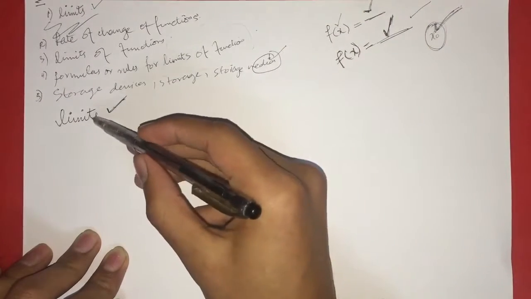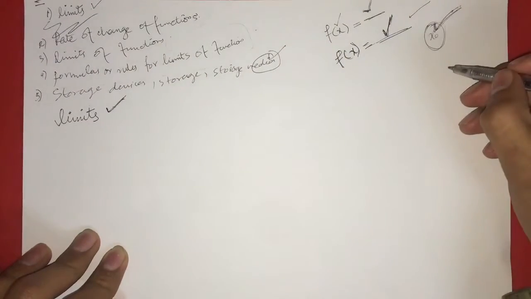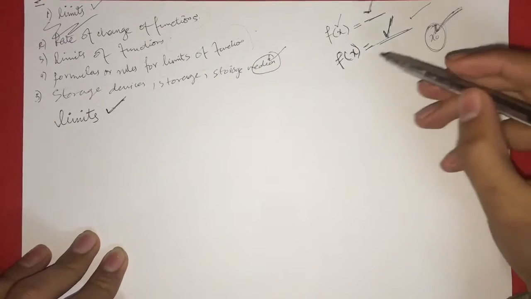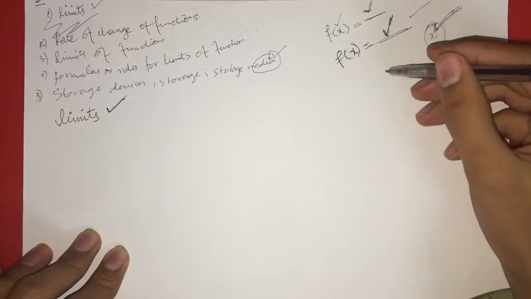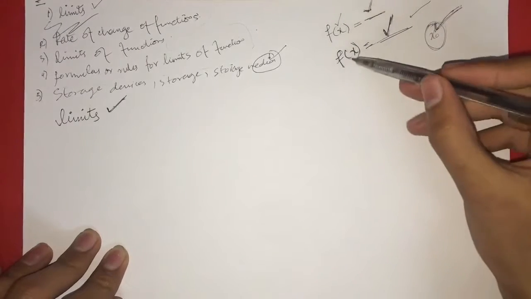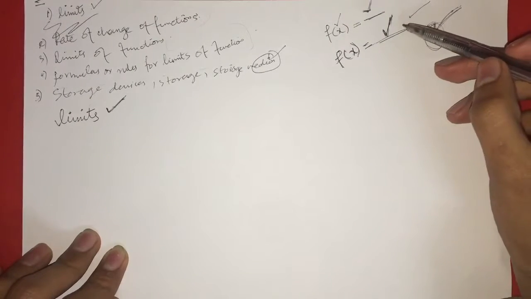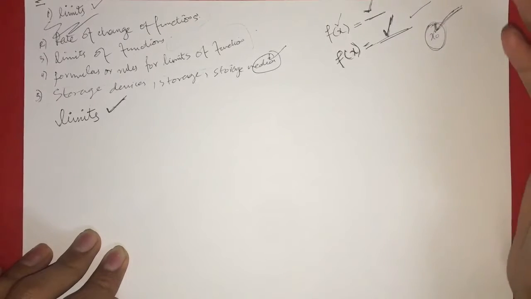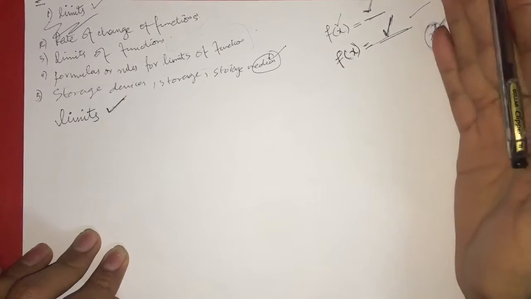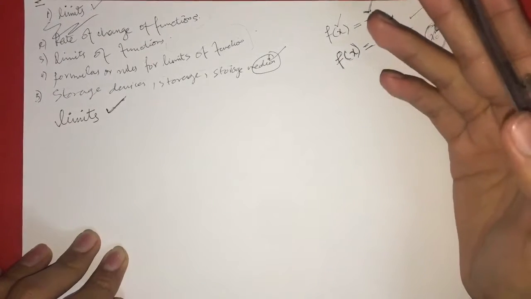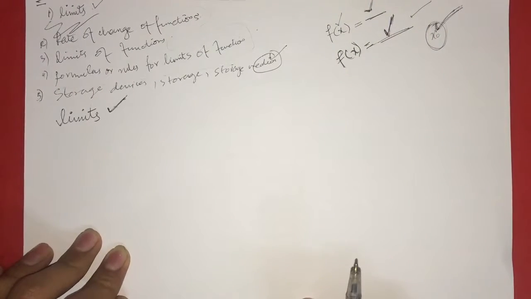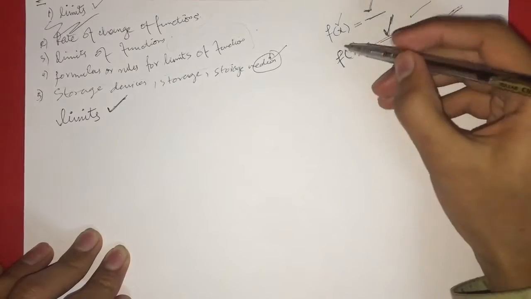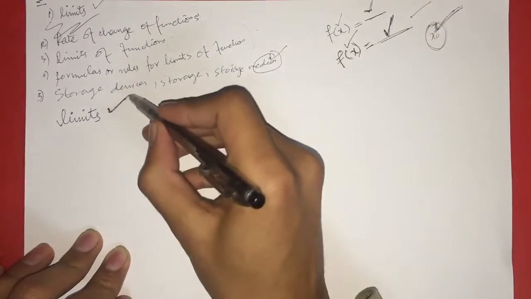So limits is just used to approximate the value of a function at the point we want to know. For example, we want to know what would have been the value of this function at the point. But before that point, that function was not defined, but we just want to know where that value of that function would be. That is why we use limits.